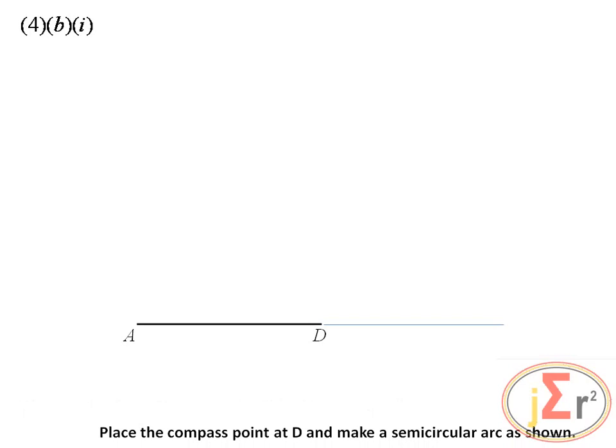Richards was very sure that her two right angles needed to be relative to the side AD that is given or drawn as a horizontal line. So place the compass point at D, and that compass point is that little red circle. Place that compass point at D and make a semicircular arc as shown.